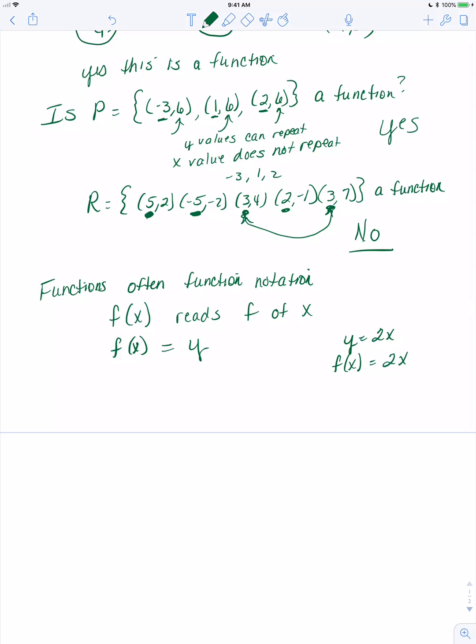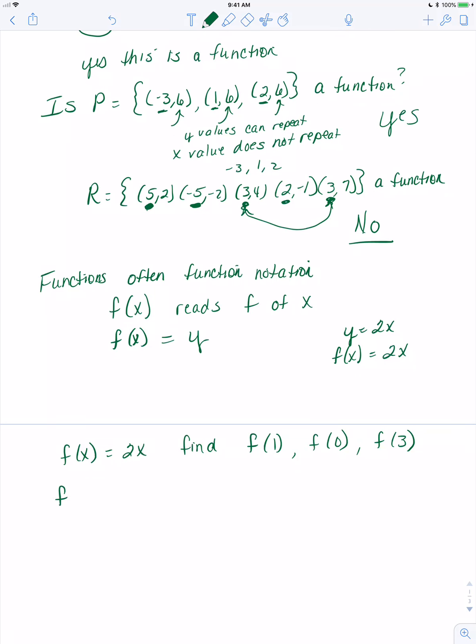That means the same. So if we have f of x is equal to 2x, and they say find f of 1, f of 0, f of 3. Well, that means if I'm looking for f of 1, that means I'm replacing the x with 1.